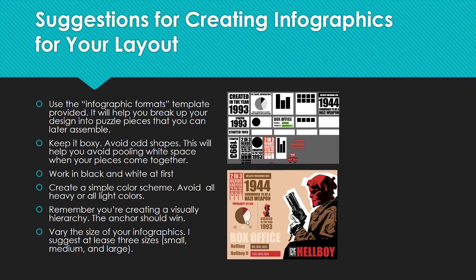And vary the size of your information. Remember that you're creating a visual hierarchy. So I always suggest that you do small, medium, and large. You don't want a lot of large things. Really, you got number 1, maybe you got another, and then you got a big, gigantic guy over here. When I say small, medium, large, I'm actually talking about the infographics themselves.